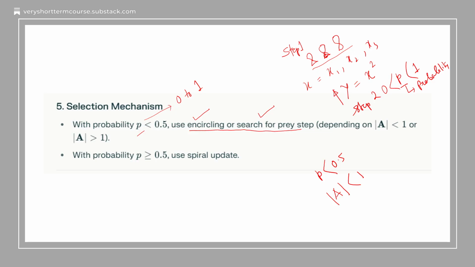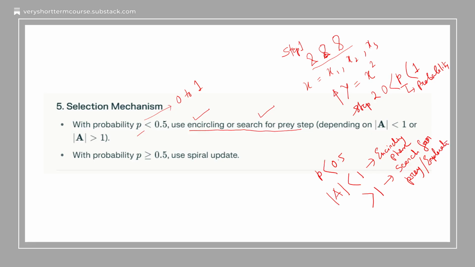If the value of A is less than 1, then follow the encircling phase. I have already discussed this. If not, then follow the search for prey step, or it is also known as the exploration phase.